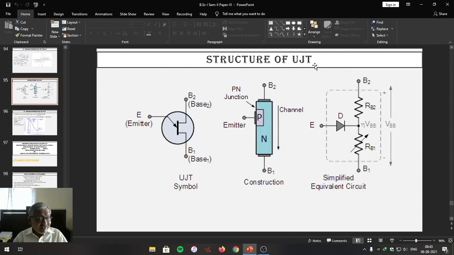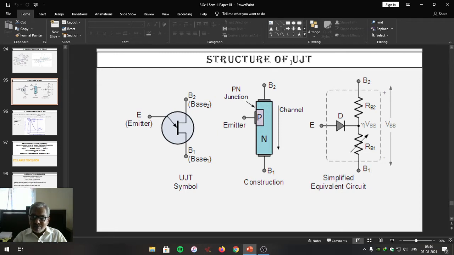We studied BJT, we studied FET. Now we are going to study the UJT. There is much difference existing in all these three types of transistor. Out of which we studied two. The third one we are going to study today, and the third transistor is UJT, that is uni-junction transistor.